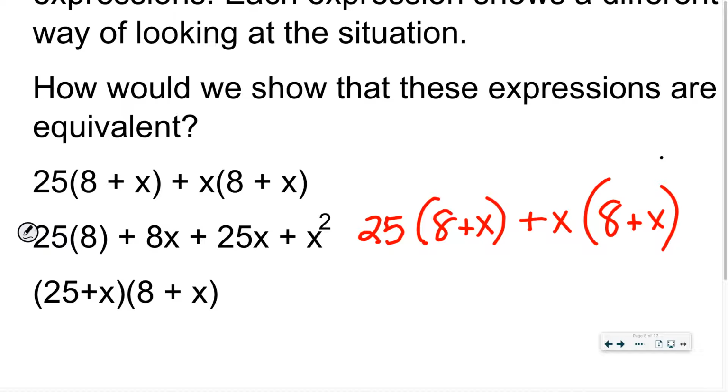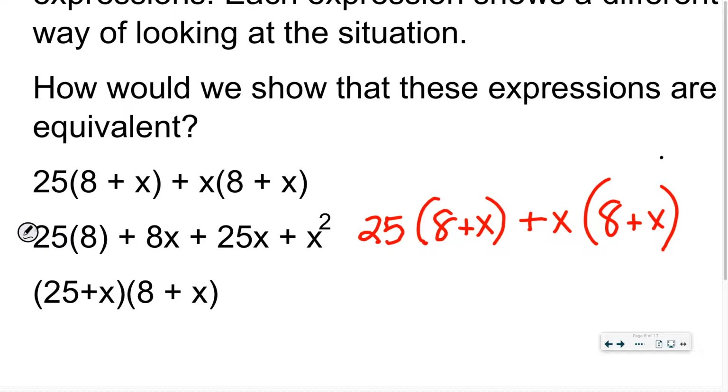What can I distribute here? It goes hand in hand with our warm-up when we were distributing. What symbol are you looking for when you think of the distributive property? Good, parentheses. Good, Emily.